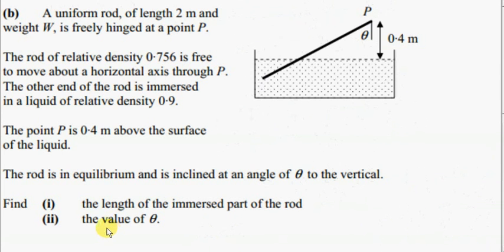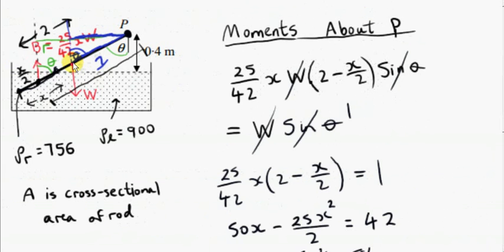In the next part we want the value of theta. Well, if we go back up here, you see that we can form a right angle triangle that contains angle theta. And we have two of the sides of this right angle triangle. We are given this side here, and we know the distance from here to here now.